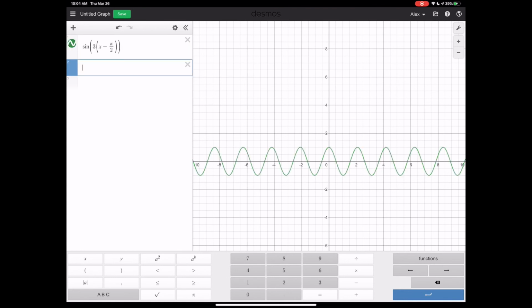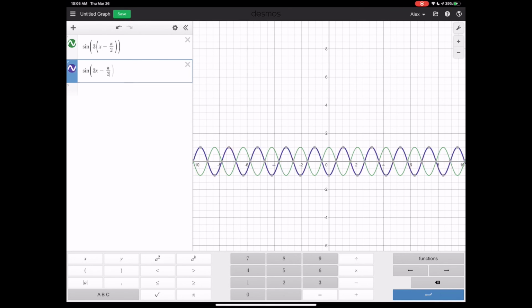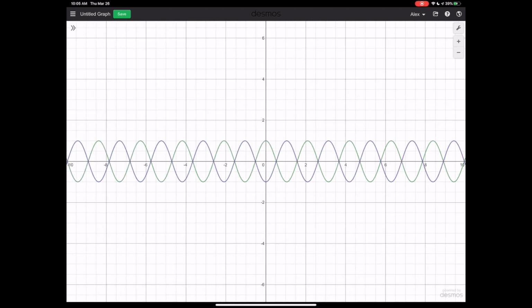Now, Hardy wants to do sine of 3x minus pi over 2. Now you can see that these graphs are completely different. Green, again, is Laurel's, which is the appropriate way to write it.